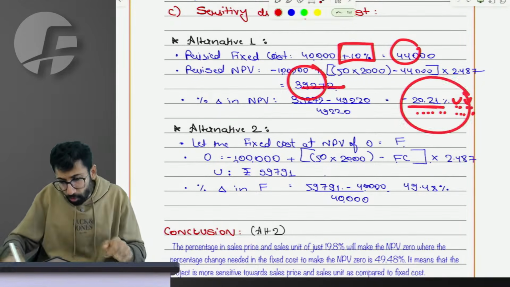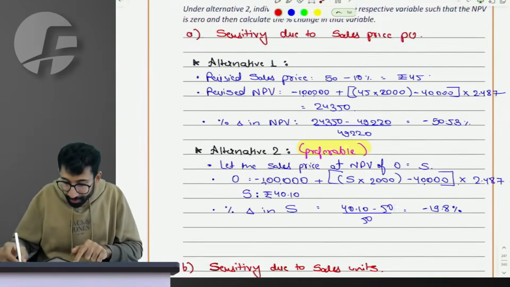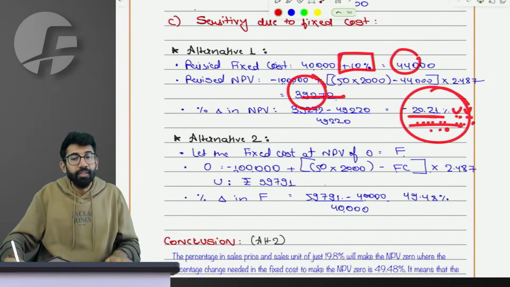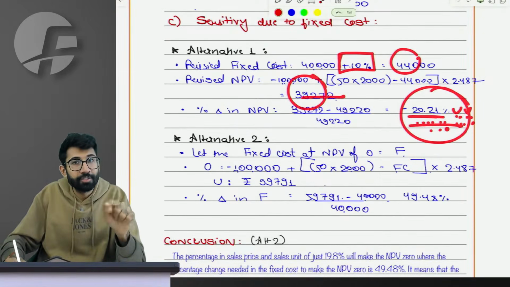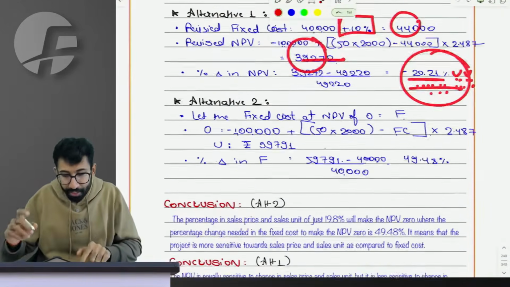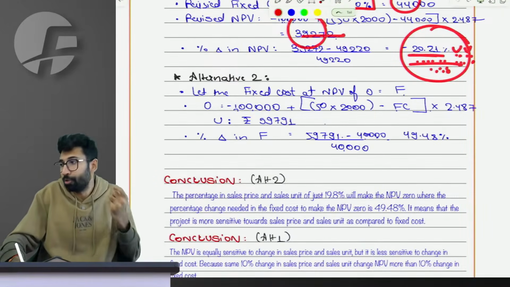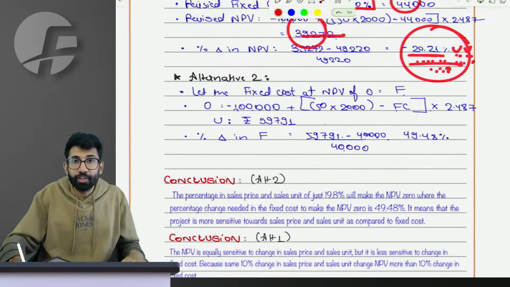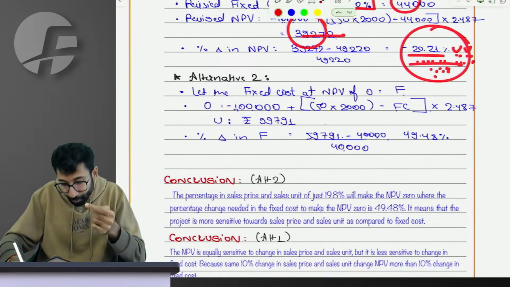So which of the two factors is more sensitive, sales price or the fixed costs? Sir, sales price. The same 10% change in the sales price affects the NPV by 50%, whereas that 10% change in fixed cost affected it only by 20.21%, which is why my project is more sensitive to change in sales price as compared to fixed cost.